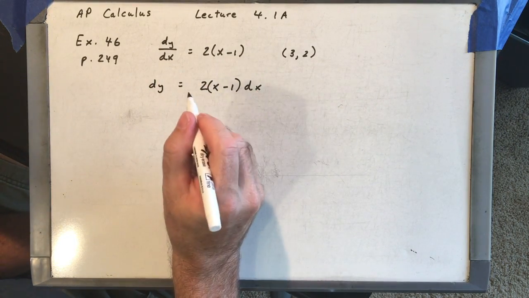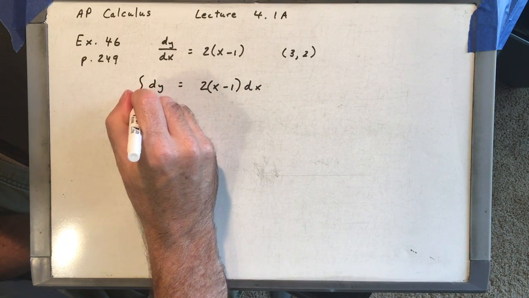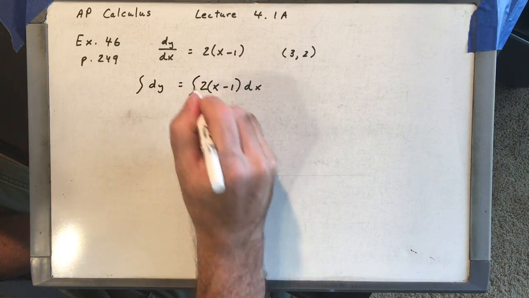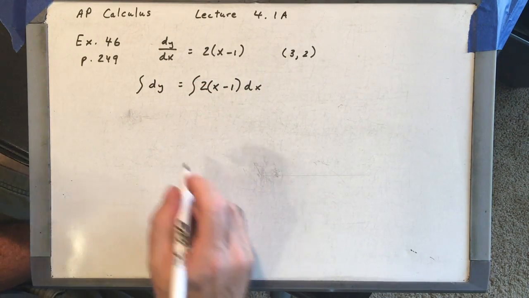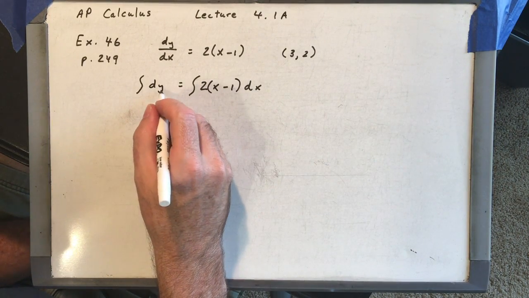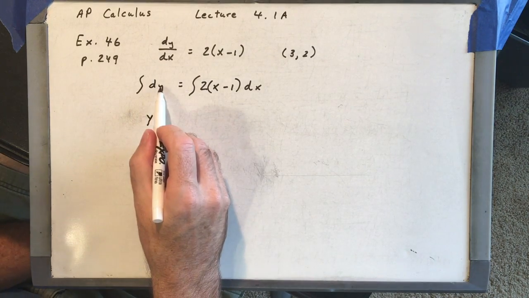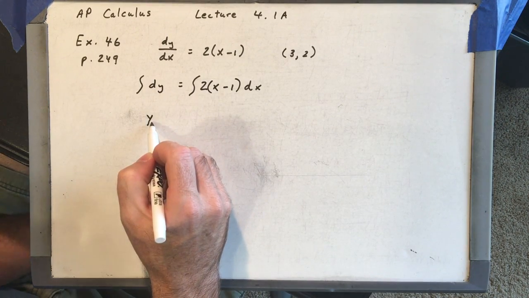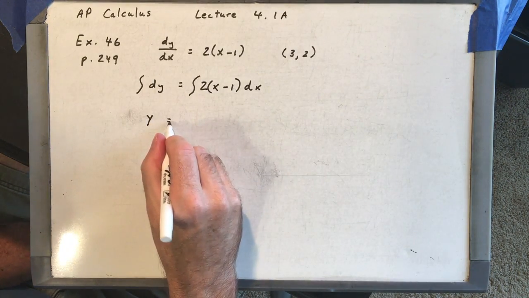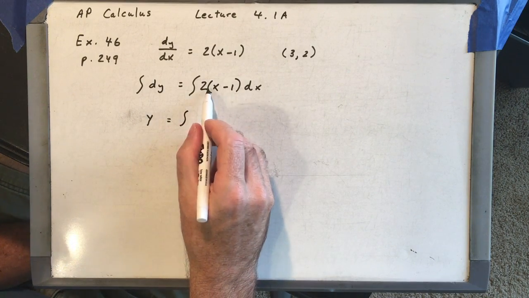And we're going to integrate both sides. So we'll integrate that side, integrate that side. What is the antiderivative of dy? Well, it's y. Take the derivative of y, and you'll just get dy. Now before I do this, I'm going to distribute.